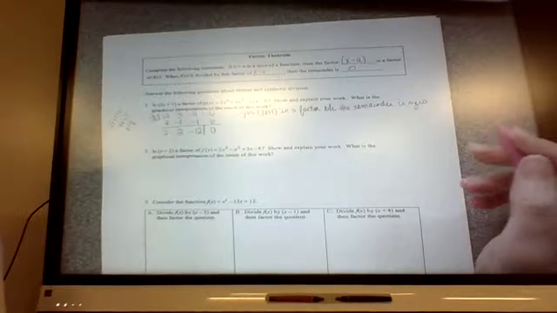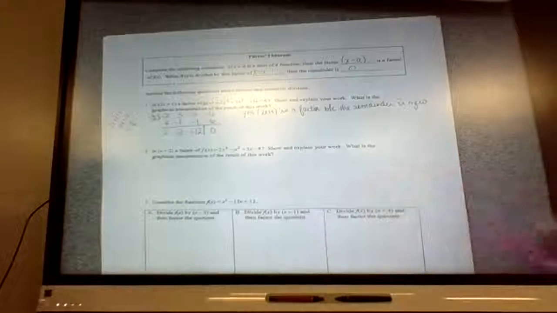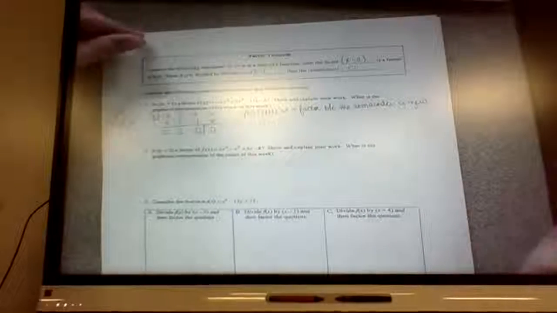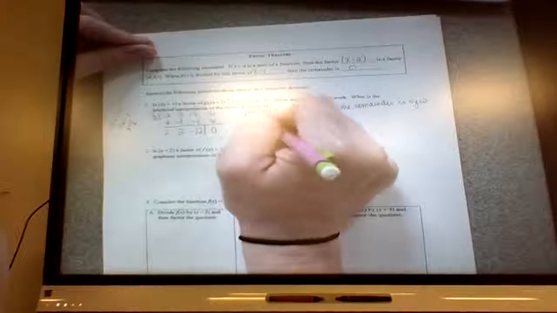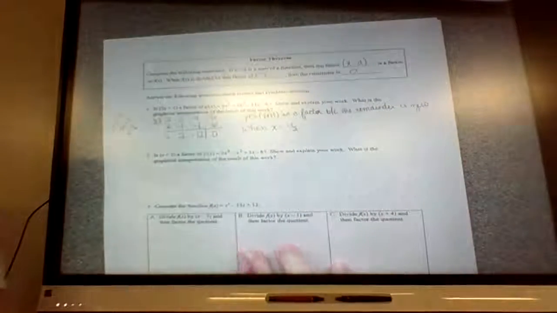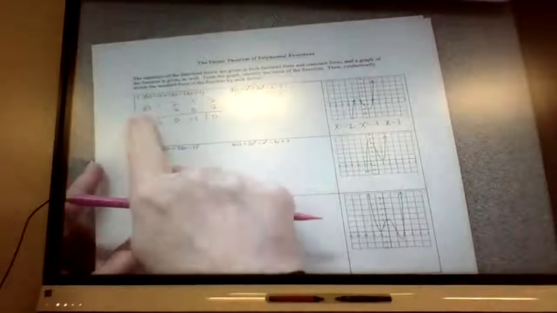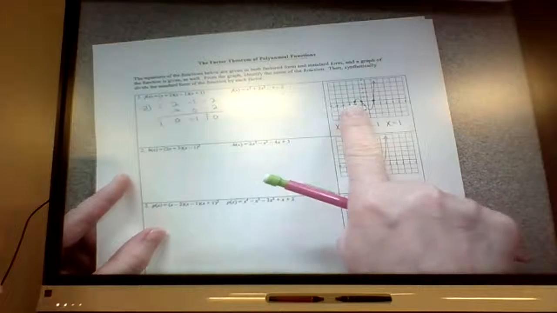What's the graphical interpretation of that? So what does that mean as far as the graph goes? What is happening when x equals negative 1/2? When x equals negative 1/2, what happened over here when x was negative 2? It touches.